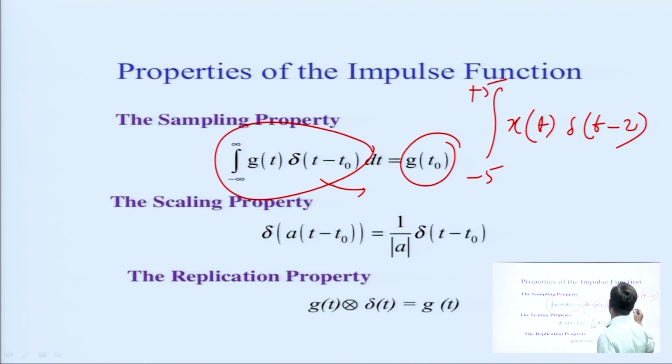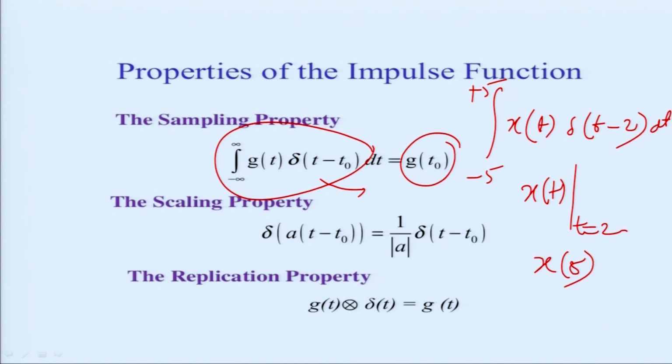The value of this integration is x(t) at t equal to 2, which will be the total response of this equation. This is called the sampling property of the impulse.